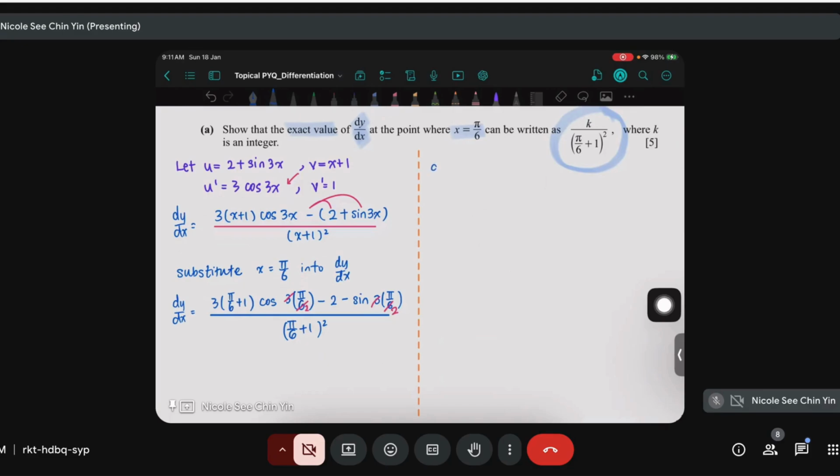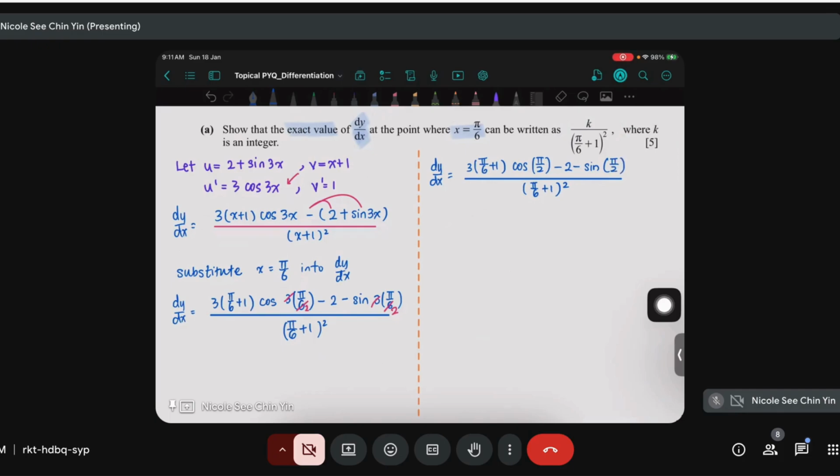So my dy/dx equals, denominator pi over 6 plus 1 squared. So here I get 3 bracket pi over 6 plus 1, cos pi over 2, minus 2, sine pi over 2.